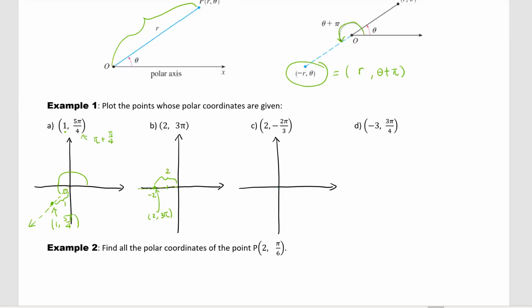Let me draw it better. So this is the angle -2 pi over 3. Okay, and we go forward 2 units, 1 and 2. So this is the point. So far so good, everybody? Okay, let's continue.